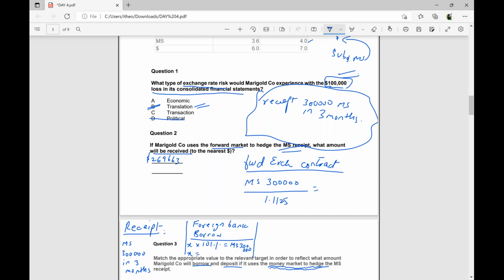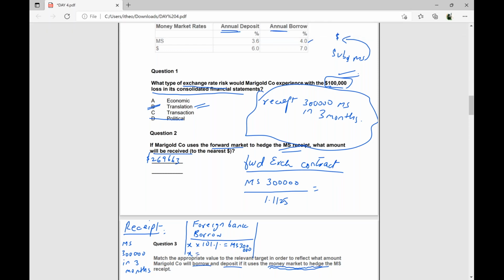X is the amount we should borrow. Divide 300,000 by 101%. That gives 297,029. Borrow this.